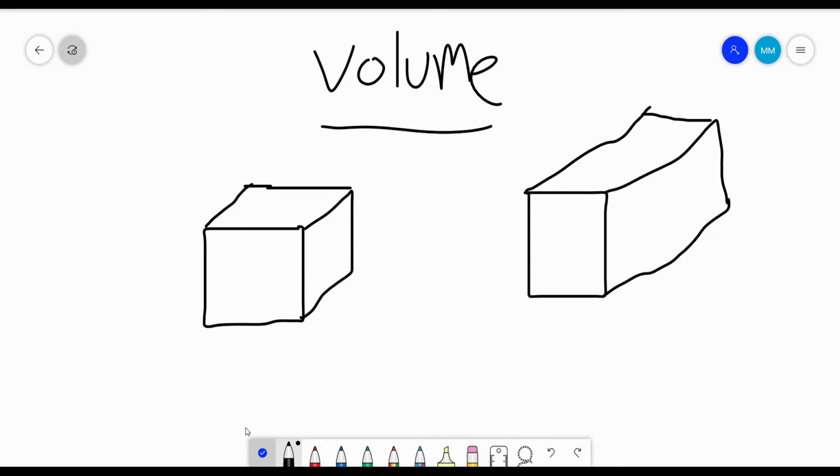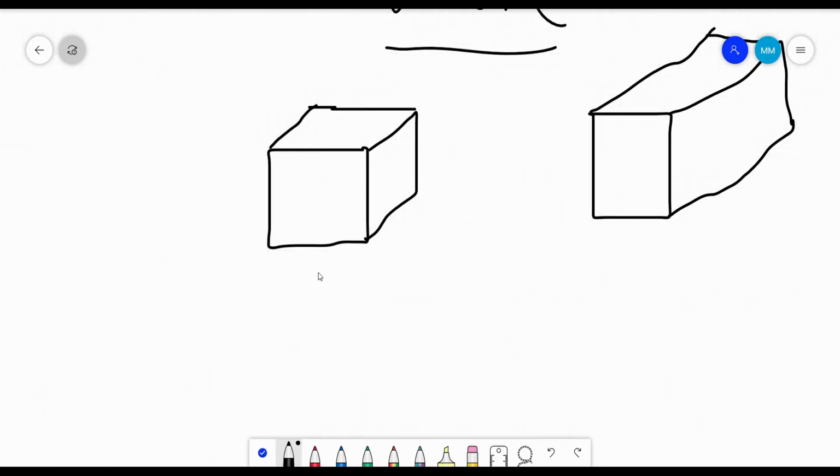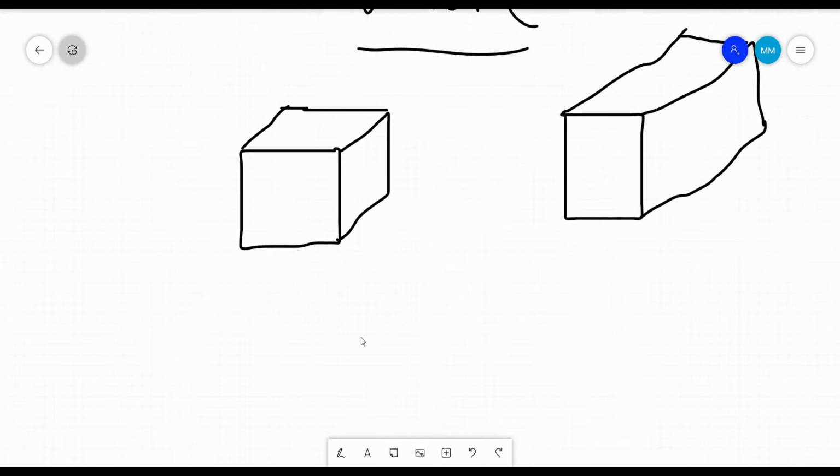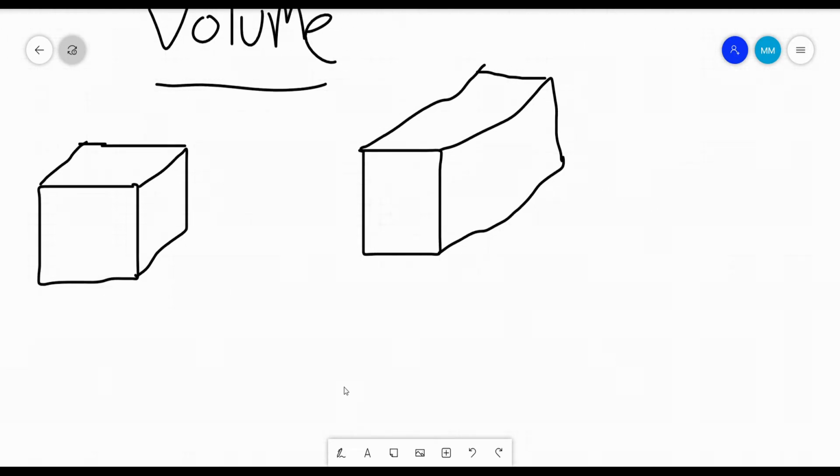Okay, so if we take the cube, in fact, no, we go with the cuboid over here. So all you need to know for the volume of something is length times width times height. So we can have the length as 10, width could be 3, and the height could be 2. Let's make them all meters.